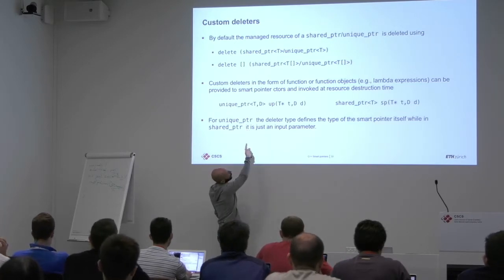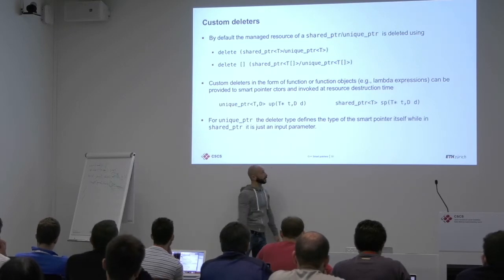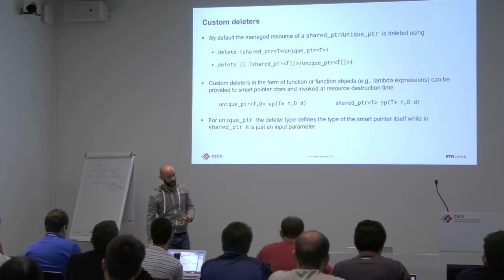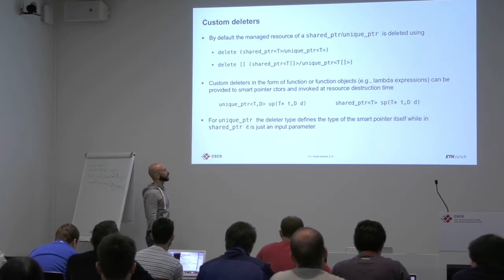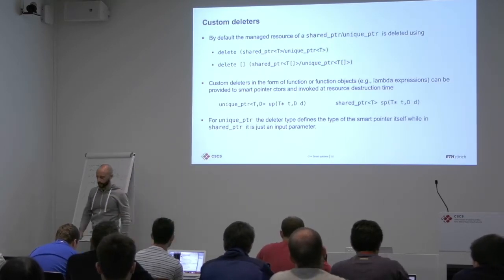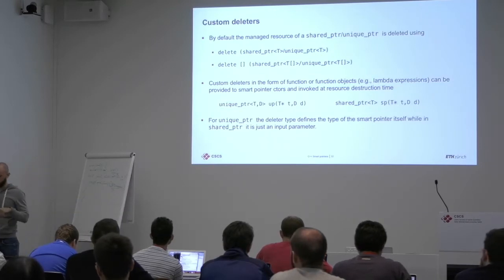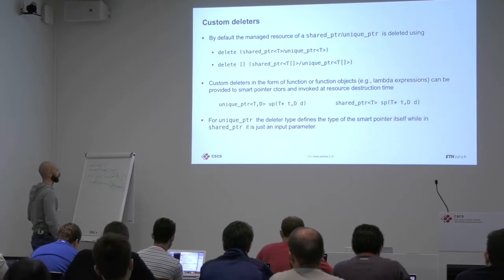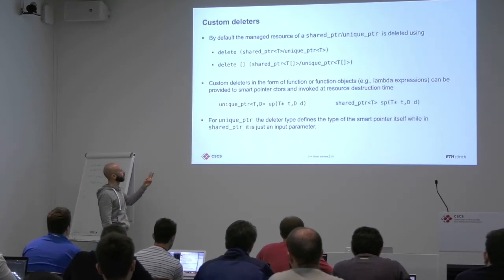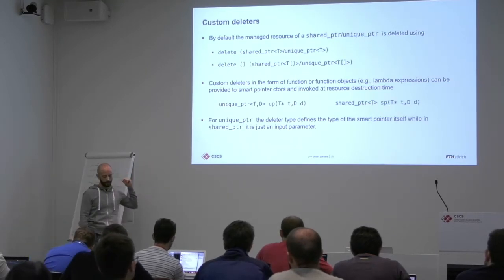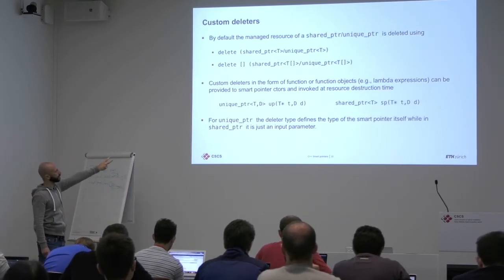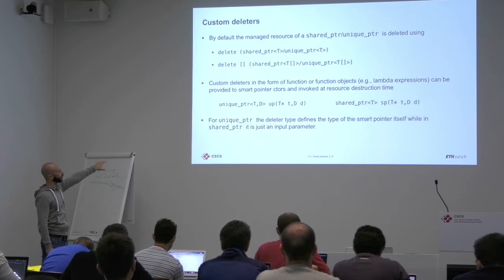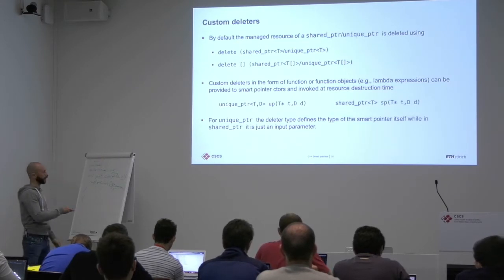This is the same for unique and shared pointer, the parameter T. But in the case of the unique pointer, you also have the second parameter, which is the deleter type. So this means that the deleter is part of the definition of the unique pointer. Every time you create a new unique pointer passing a different deleter in the template parameter, you are defining a new unique pointer type, even if the type pointed to by the unique pointer is the same.